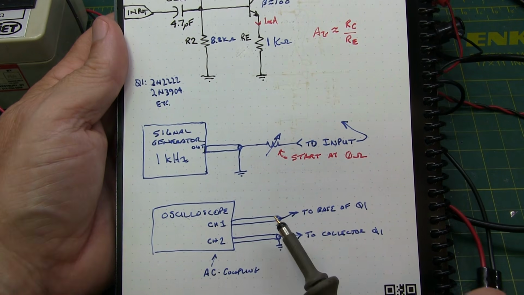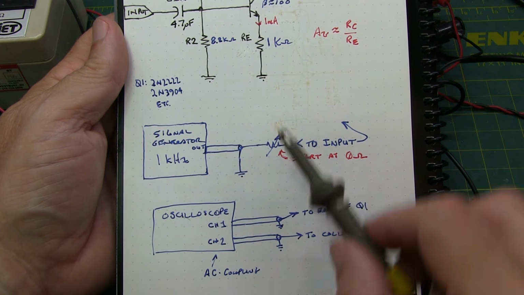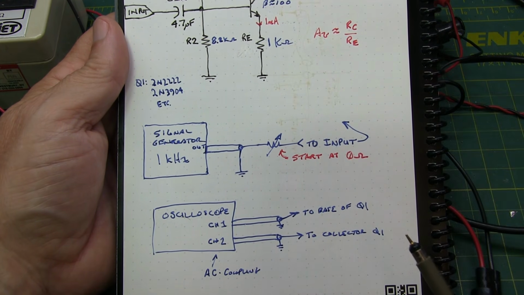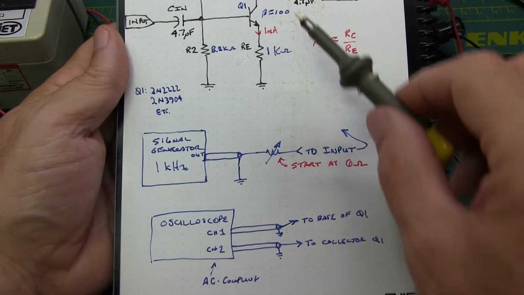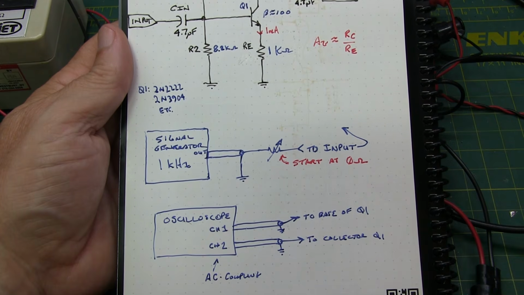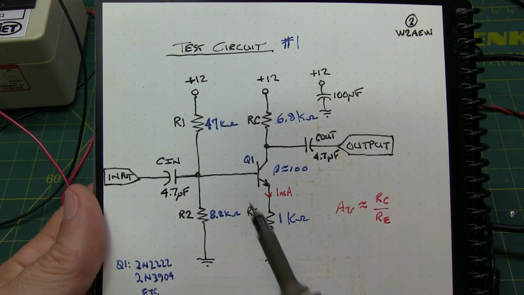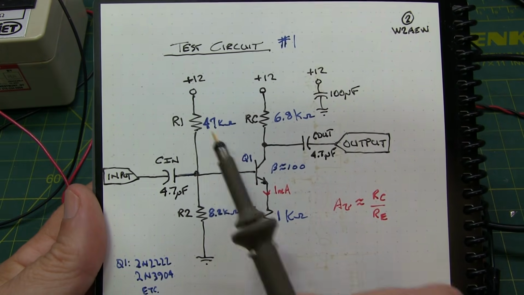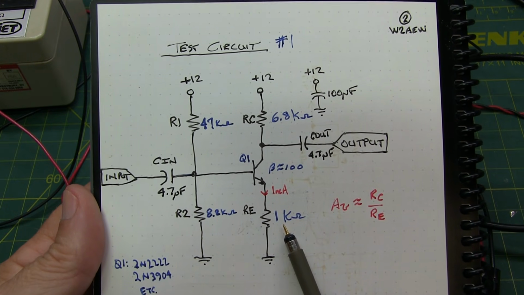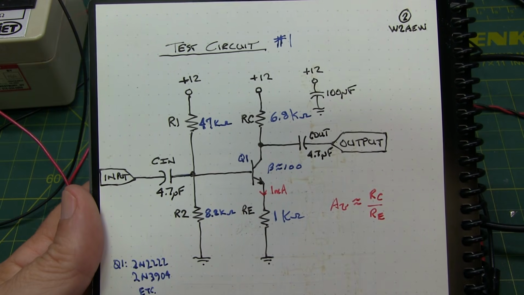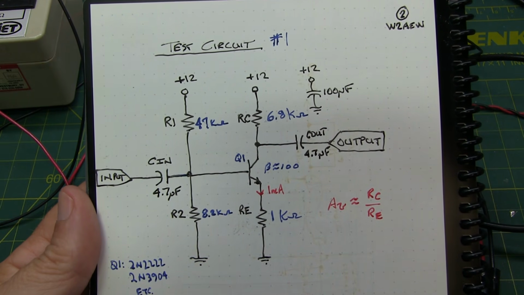And with our oscilloscope, we're probing the base, or the input of Q1, with channel 1, and with channel 2 we're probing the collector, or the output of the transistor. The values are shown here: 47 k ohms for R1, 8.2 k ohms for R2, 1 k ohm for the emitter resistor, and 6.8 k ohms for the collector.